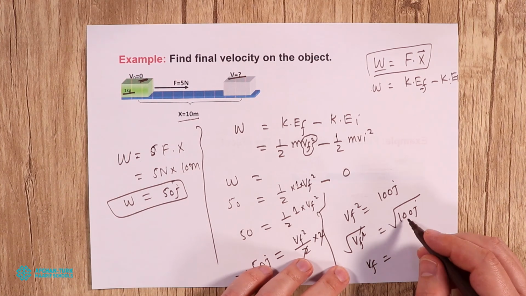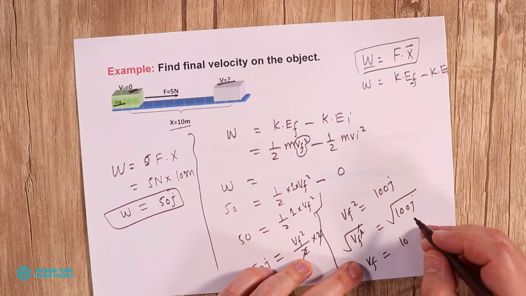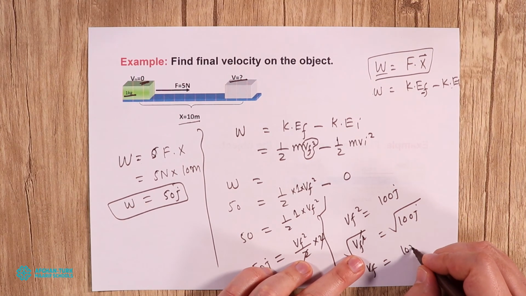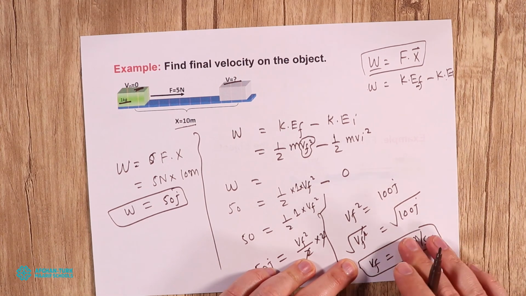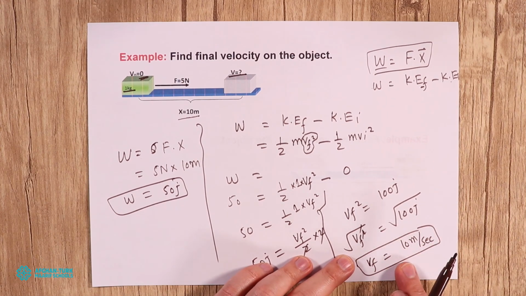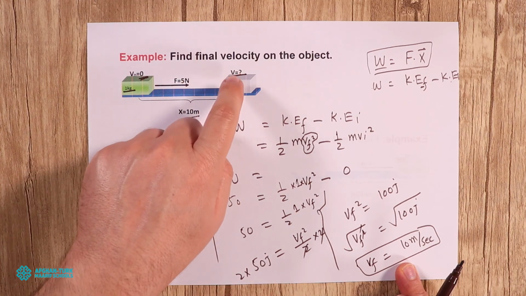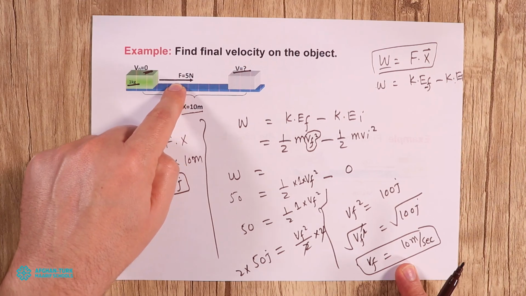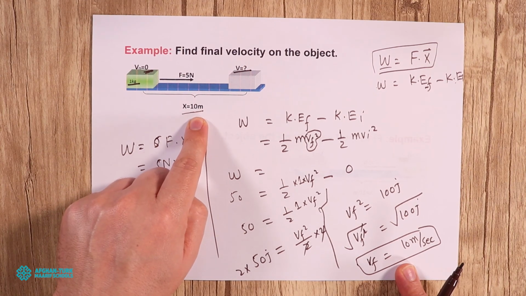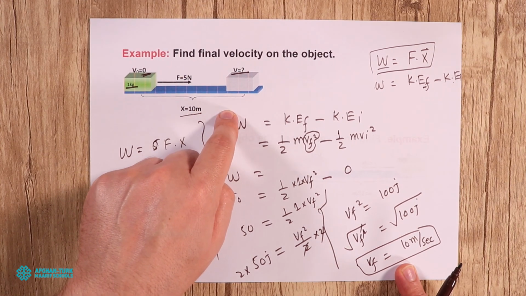If we take the square root of 100, this is equal to 10 meter per second. So the final velocity is equal to 10 meter per second at this point, when the 5 Newton force is applied and the 10 meter distance is covered by the object.